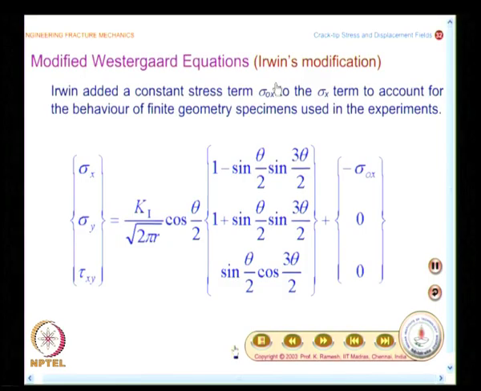Irwin came up with an intelligent argument that you should add a term sigma naught x to the sigma x stress term. He simply added, you have to have minus sigma naught x, 0, 0, and this he argued because you have this as a biaxial solution.